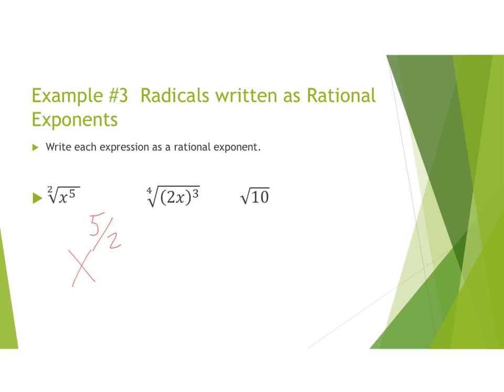Let's try another one together. 2x is our base with the power of 3 with a root of 4 underground. Try the last one on your own. Be very careful with what is the power and what is the root. The base is 10. It has an invisible power of 1 and an invisible root of 2.